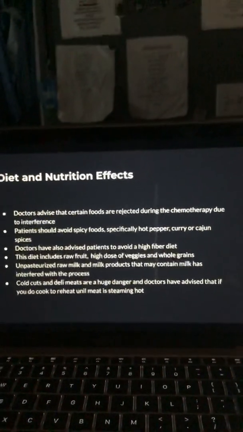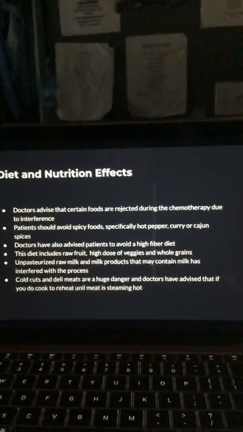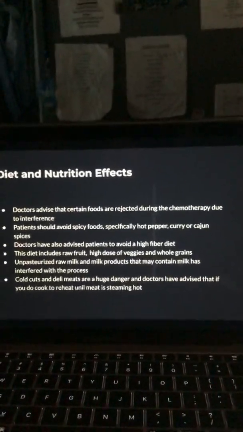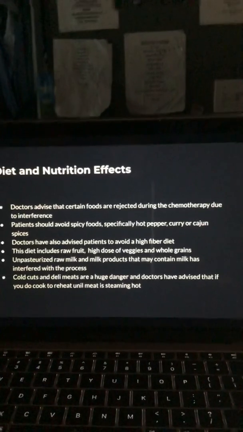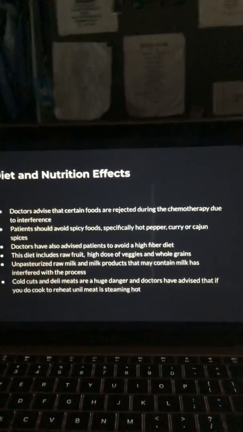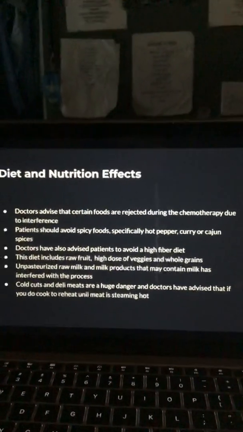This diet includes raw fruit, high doses of veggies, and whole grains. Unpasteurized raw milk and milk products also interfere with the process. And doctors also advise patients to avoid cold cut deli meats because they're a huge danger, and they advise if you do decide to eat the meat, make sure you cook it until it's steaming hot.